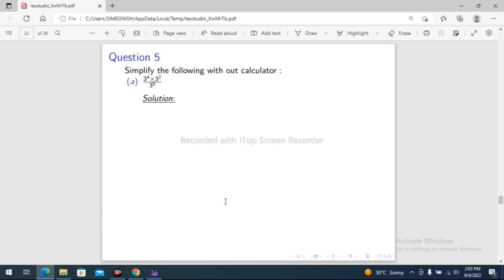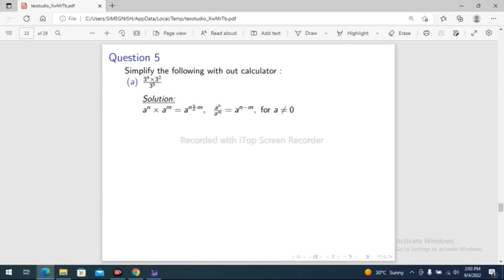So the fifth question is, you are asked to simplify the following without a calculator. Remember, when you have this kind of thing, you just check the bases. To multiply, just add up the exponents, and for the division you just subtract.